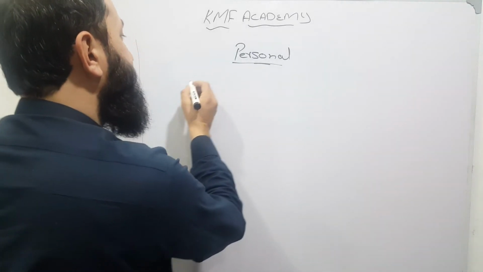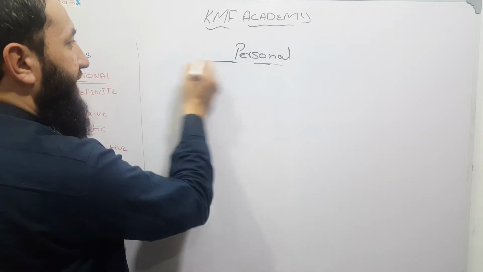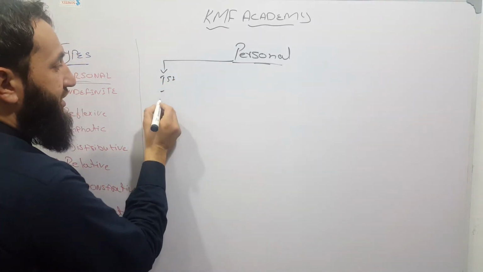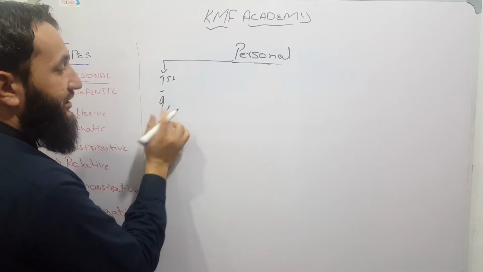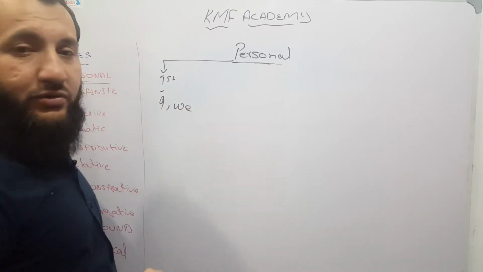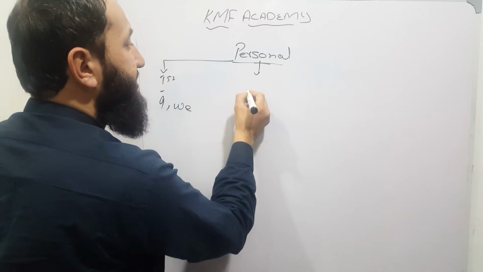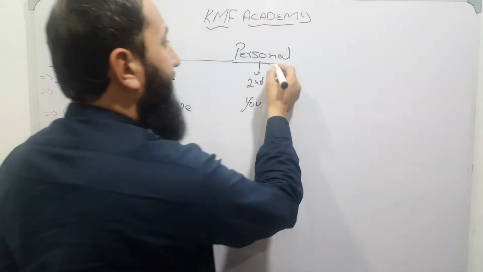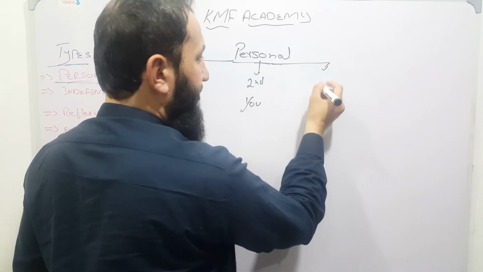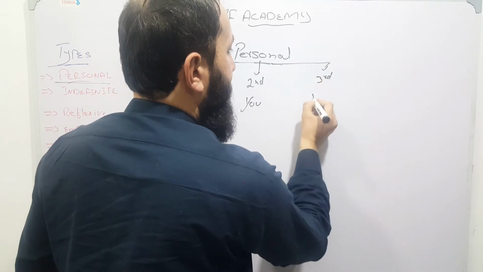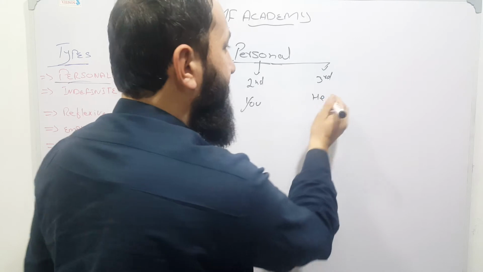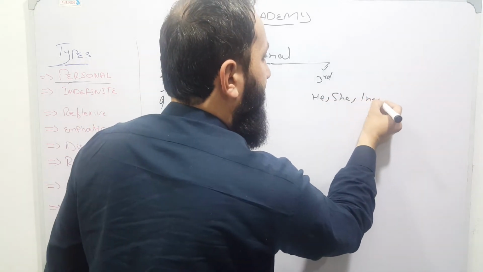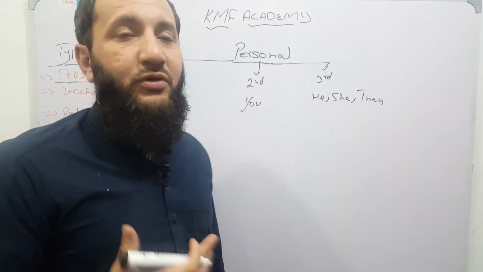For the first person we always use I for singular and we in plural cases. For the second person we use you, and for the third person of course we use he for male, she for female singular, and they for both male and female plural.